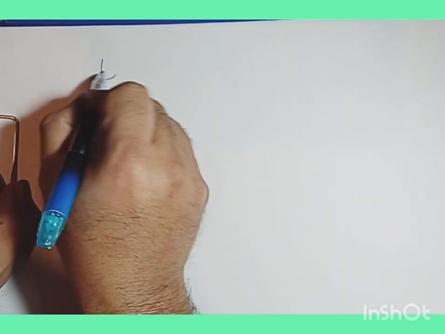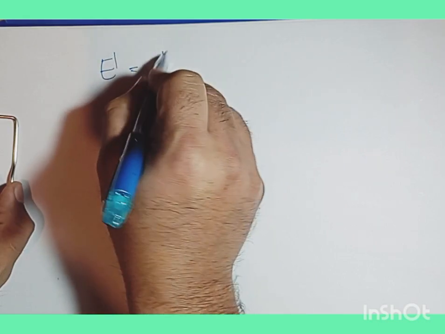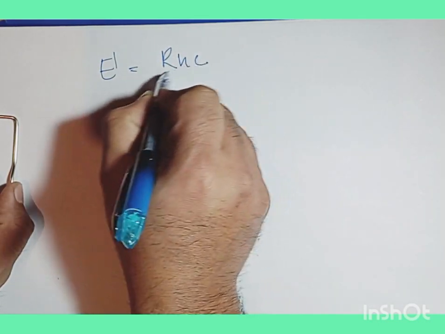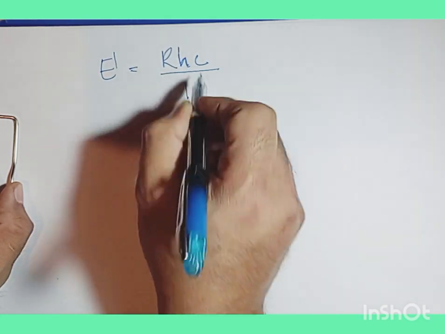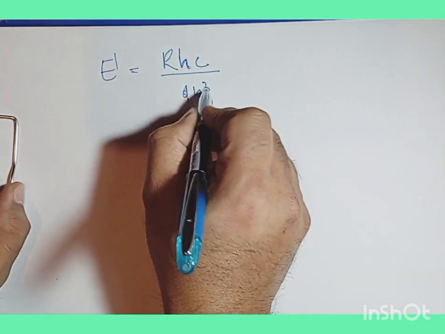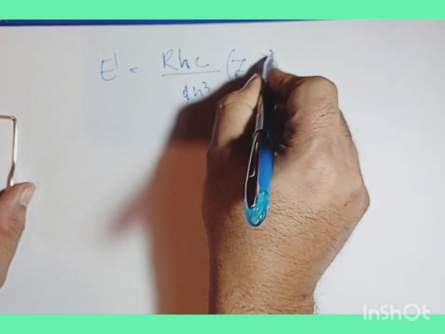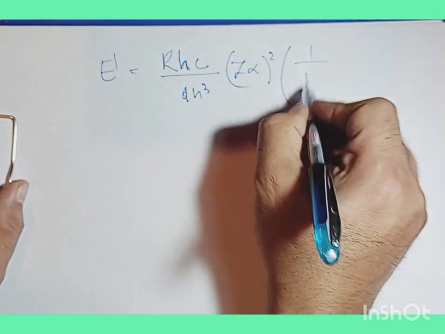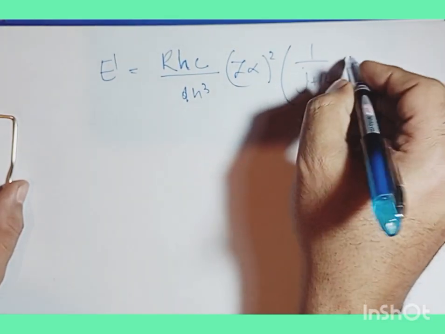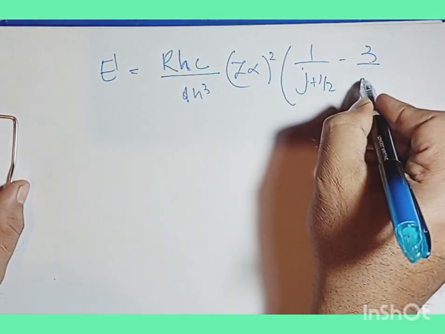And what is that E dash? This E dash comes out as Rhc over n cubed, (Zα) whole squared, times 1/(J plus 1/2) minus 3/(4n).